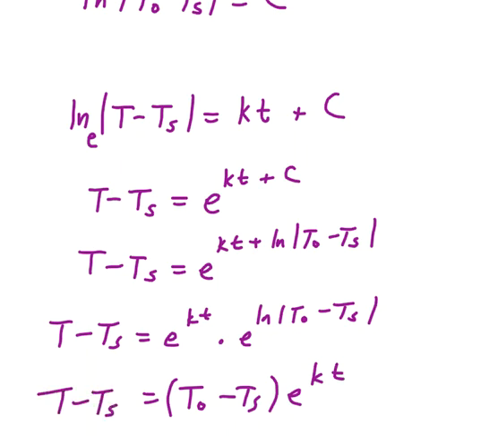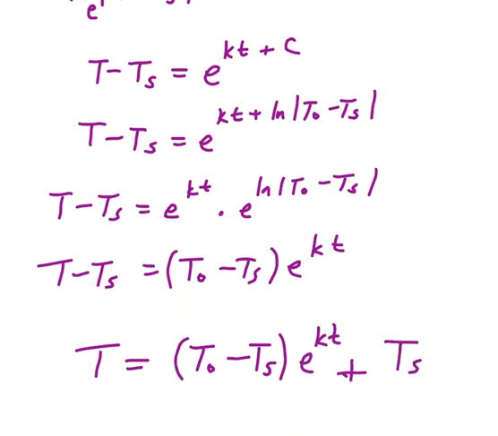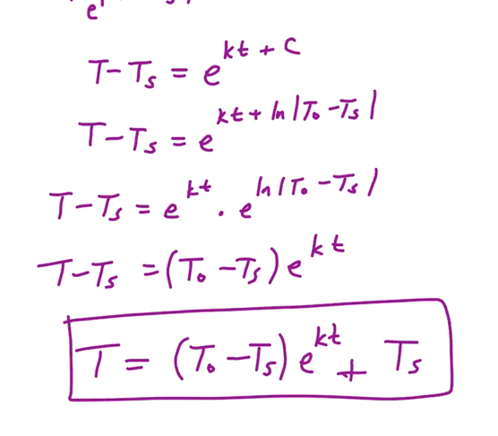And one more step. T is equal to our initial temperature minus the surrounding temperature, e to some constant k times t, plus the surrounding temperature. Newton's law of cooling, which should look familiar from either pre-calculus or algebra 2.